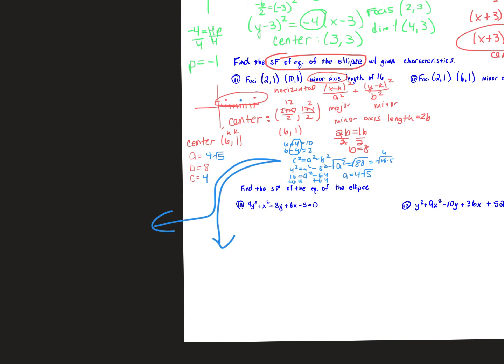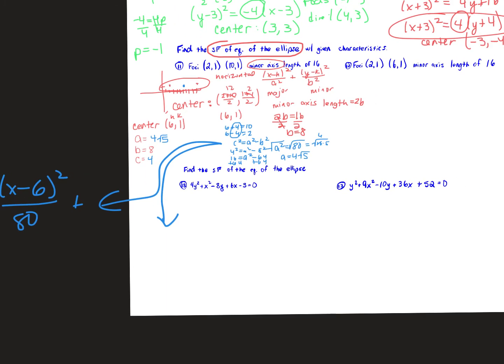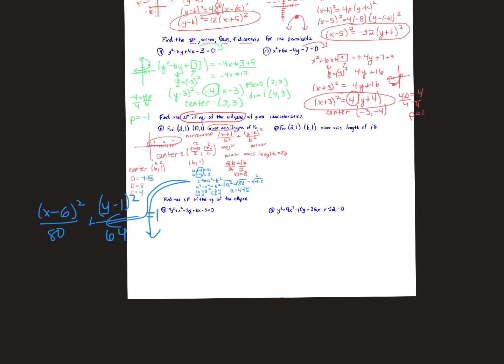So I'm going to say I have X minus 6 squared over A squared, which is 80, plus Y minus 1, quantity squared, that's the Y part of our center, over B squared, which is 8, so it's 64, equals 1.